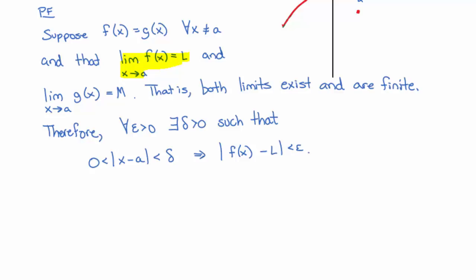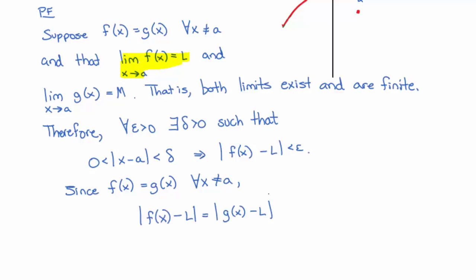Well, that means that since f and g are the same for all x not equal to a, the distance between f of x and L is the same thing as the distance between g of x and L, because again, f and g are the same as long as x is not equal to a, and x cannot be equal to a because of this statement right here. So we know x is not equal to a already, so f and g must be the same function.